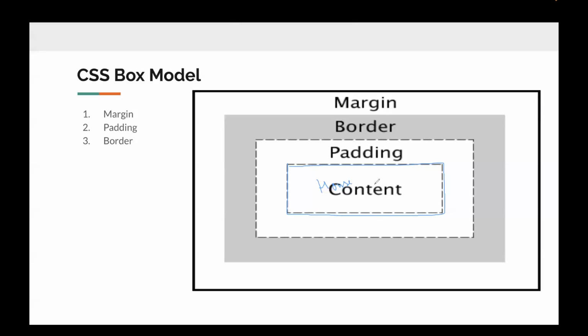Suppose this is your house, and suppose you have given a padding, meaning this is your garden. The border is this thing. It may not be that thick. Border can be 1 pixel, 2 pixel, 3 pixel, whatever thickness you give. And another thing will be your margin.